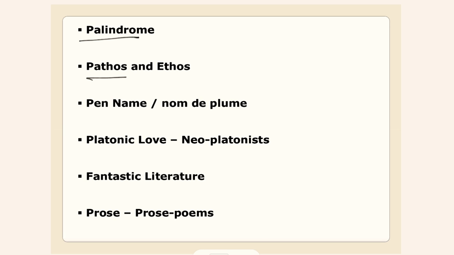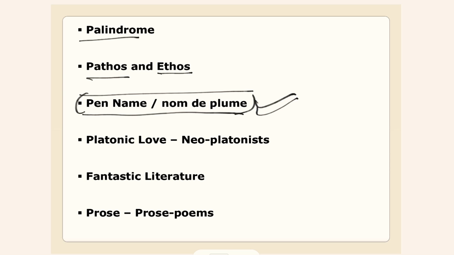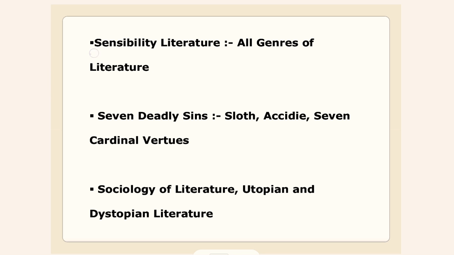Palindrome, pathos, ethos, pen name, nom de plume, or some literary name for the writer. So this is very important. There should be a question on this one. Pen name. Platonic love, Neoplatonist. Fantastic literature, prose or prose poems. Sensibility of literature, in all genres of literature.